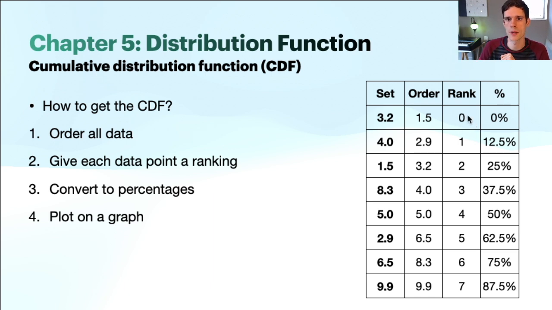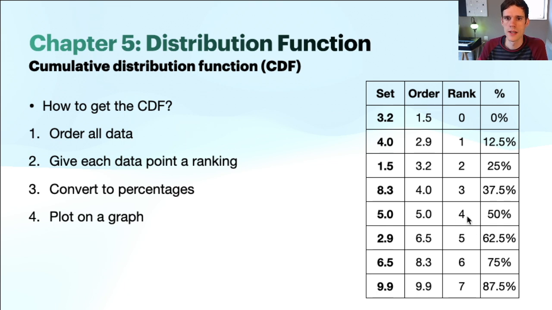So we have 0 divided by 8 is 0, multiplied by 100 is 0%. 1 divided by 8 is 0.125, multiplied by 100 gives us 12.5%. 2 divided by 8 is 1/4, which corresponds to 25%, and so on and so on. Then we get to the largest number, 7 divided by 8 corresponds to 87.5%.